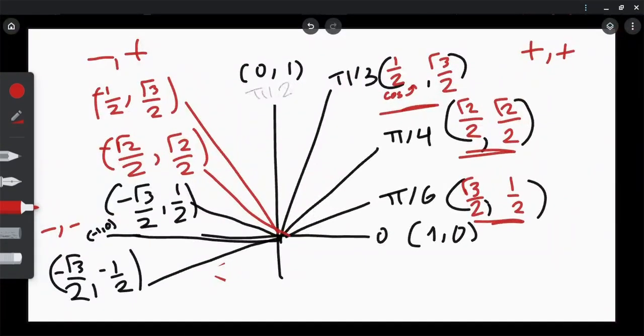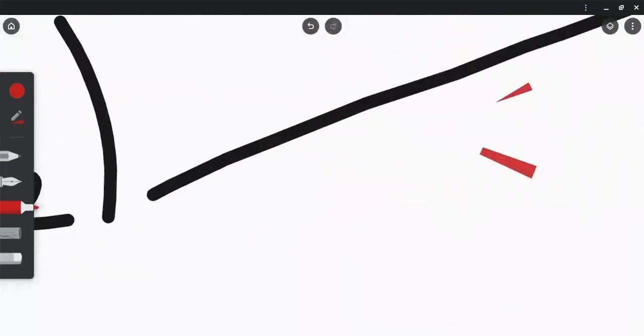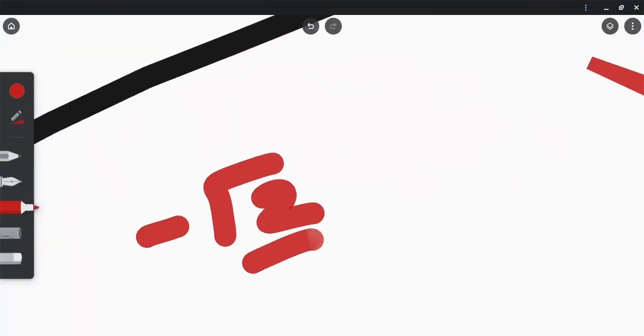And it will be as that easy. You will go drawing all the other angles on and on. So knowing this pattern, well, what will go next after the negative square root of 2 over 2, comma negative 1 over 2? Negative square root of 2 over 2, comma negative square root of 2 over 2. And that's just right.